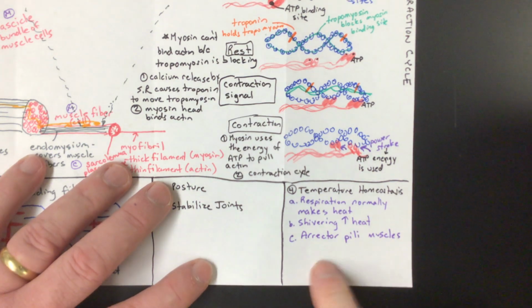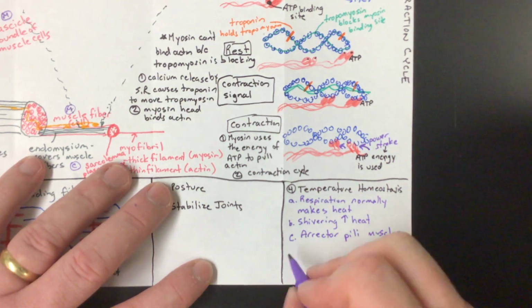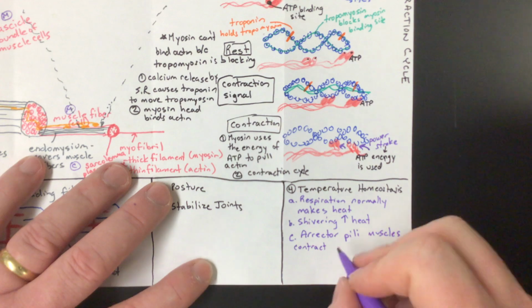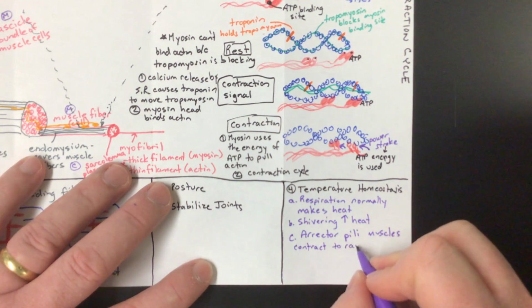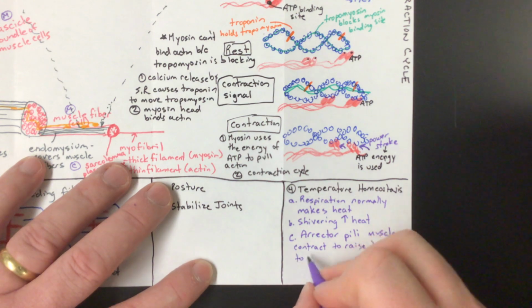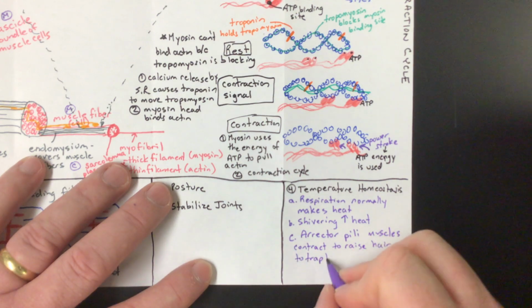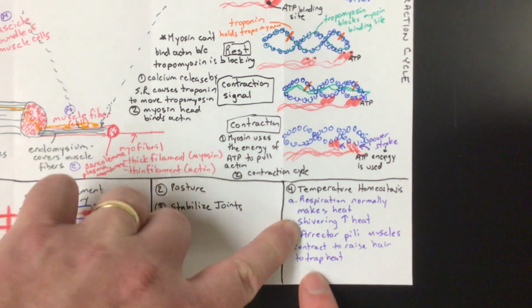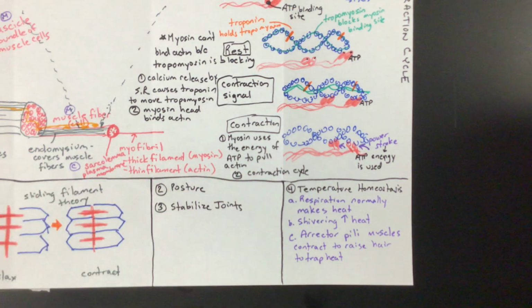And those are the muscles that are attached to your hairs. So when erector pili muscles contract, they raise the hairs to trap heat against the body. So when you're too cold, you can shiver to make more heat, and you can help trap some of that heat from leaving your body too much.